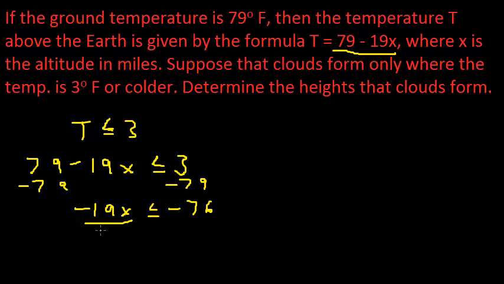I divide both sides by a negative 19, and when I divide by that negative number, my sign in the middle flips, and I have x is now greater than or equal to 4, and that is in miles. So we see anywhere at 4 miles or greater than 4 miles, clouds can form.